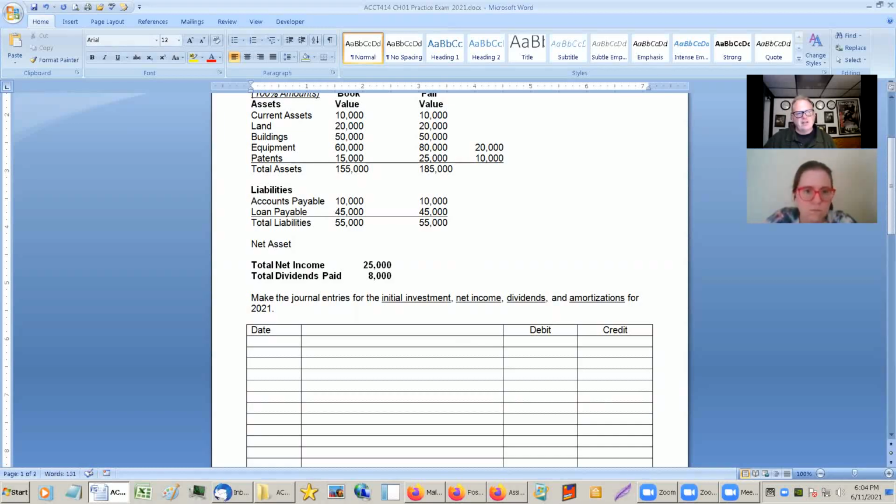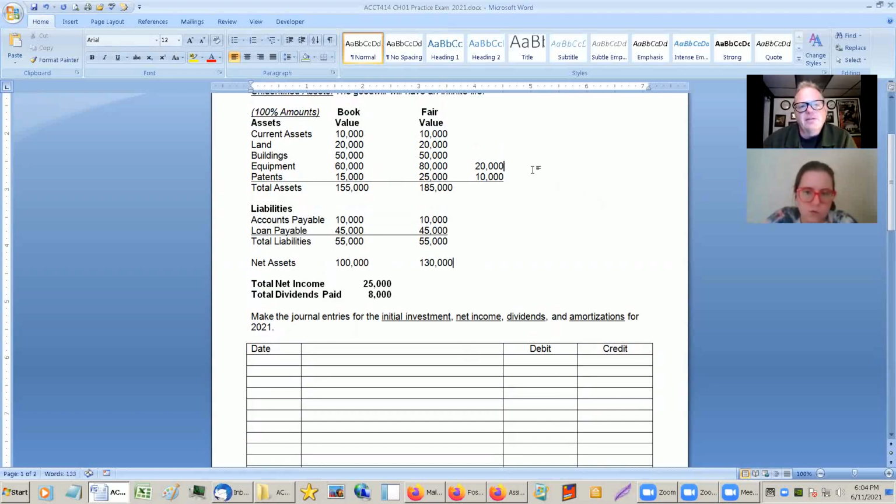The net assets at book value would have been... Sorry, we gotta do this. What, 100,000? Which we really don't. We could do 130,000. Now we only get 30% of this. Right.